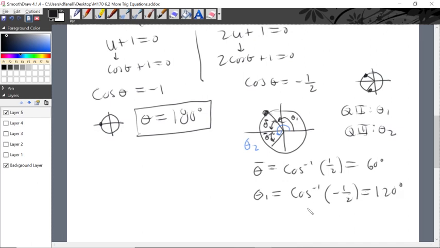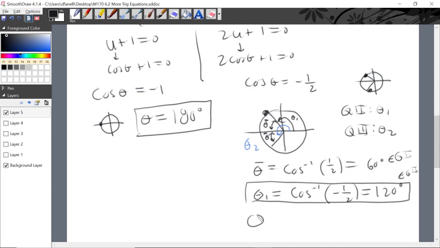Recall that arc cosine always outputs an answer that is in quadrant 1 or quadrant 2. Every time you use the arc cosine, you'll either get a quadrant 1 or a quadrant 2 solution. But you would never get a quadrant 3 solution. So, although we can use the calculator to find the quadrant 2 solution, we still have to use our own notions of symmetry and geometry in order to determine the quadrant 3 solution.